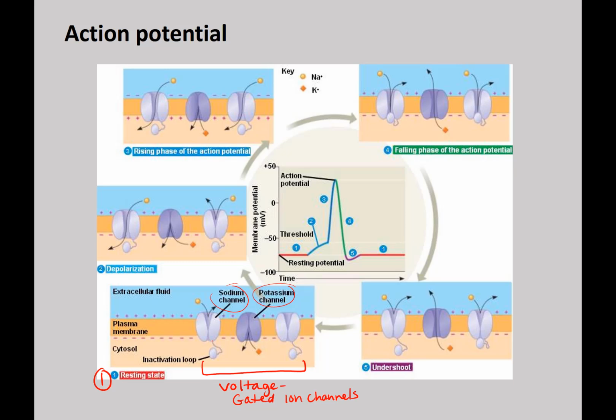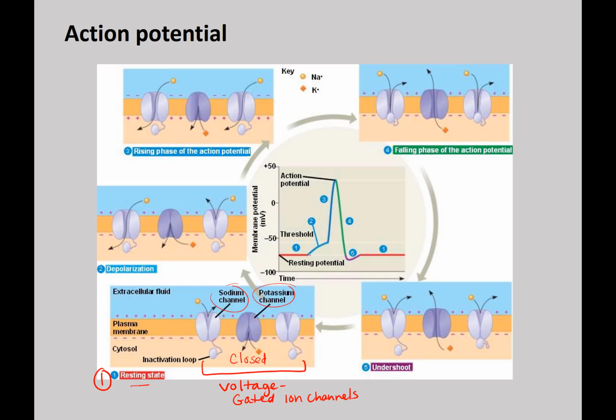And what it's showing you is that there are more sodium than there are potassium. And we'll talk about this a little bit more. All right, at resting state, both types are closed. Since they're voltage gated, you have to have a change in the voltage across the membrane in order for these things to open.